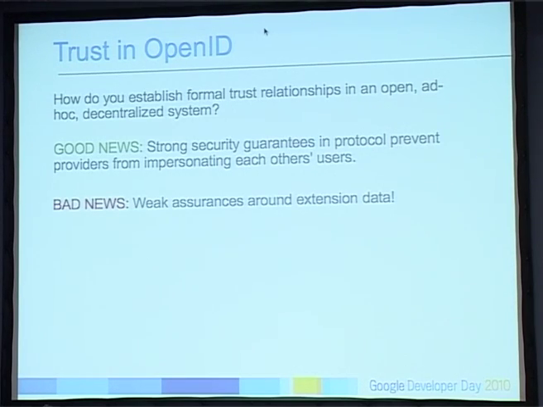The bad news is that when you get extension data, names and addresses, there are no guarantees in the protocol, and a provider can really return any information it wants about personal details of the user, like their name and email address. So for some applications that really need strong assurance on the value of an email address and whether or not it's verified and truly belongs to that user, what you can do is create a whitelist of trusted providers.